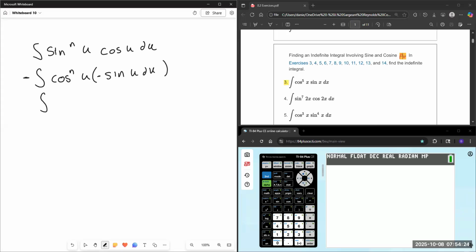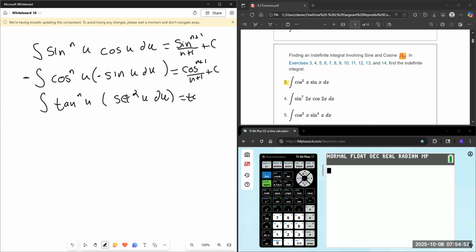Things in the form of tangent to the n u secant squared u du. This will be equal to sine to the n plus 1 over n plus 1 plus c. This is cosine to the n plus 1 over n plus 1 plus c. This is tangent to the n plus 1 over n plus 1 plus c.